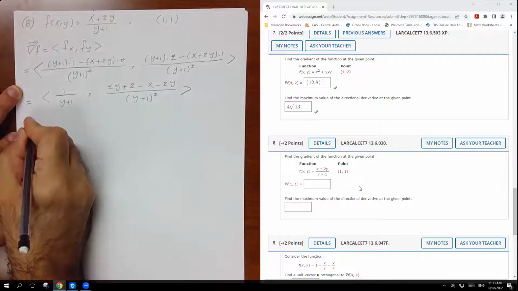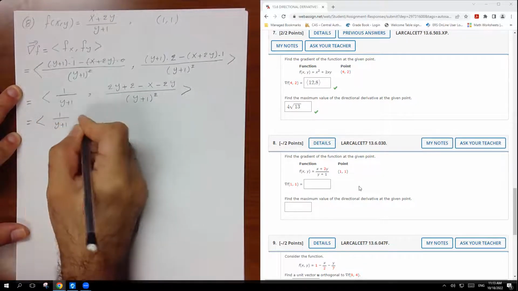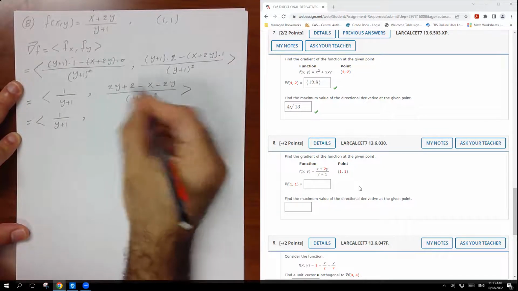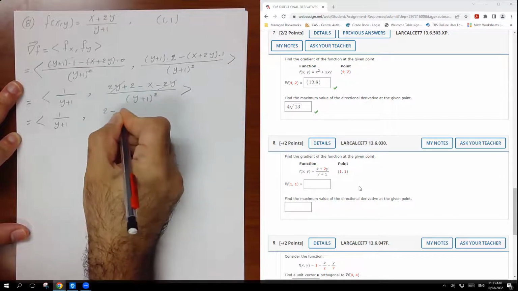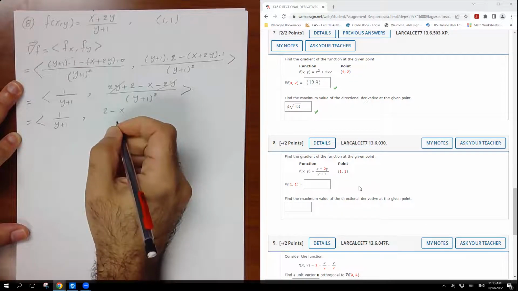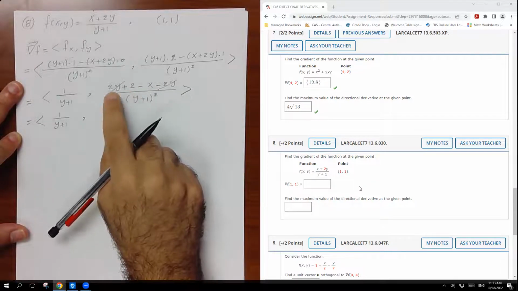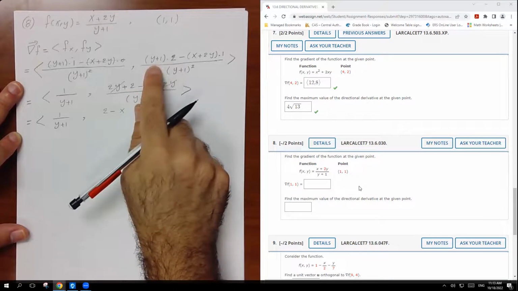Combine the like terms. So this one is going to be 1 over y plus 1. And here is going to be 2. This one cancels with this one. So it's going to be 2 minus x. When we distribute, this one is 2y minus 2.